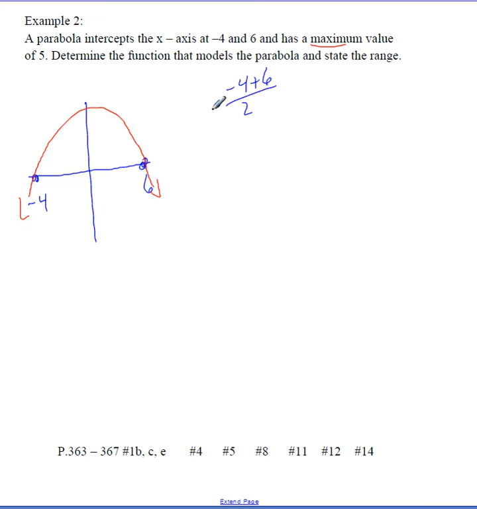So 2 divided by 2, or 1. That's your axis of symmetry. So now that we have the x value of the axis of symmetry, so let's say this will be 1, we now need to get the y value here.